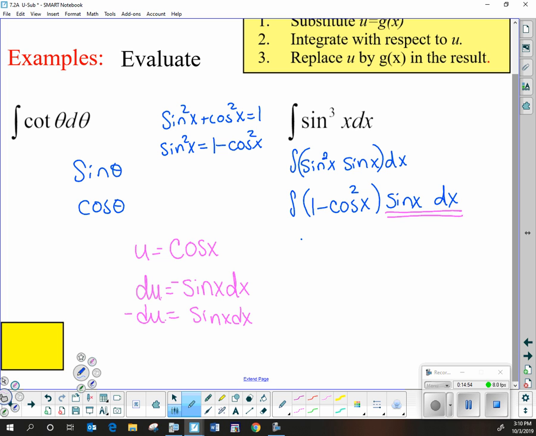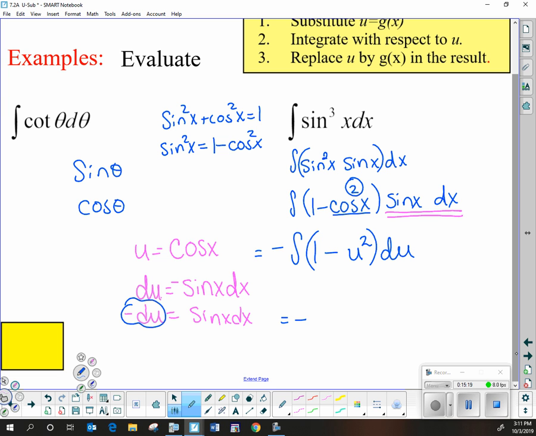Over onto our workspace, let's replace stuff. 1 minus cosine was u, and then it gets squared. So I'll have 1 minus u squared, negative du, because we had negative du for sine x. Like I said, if this seems a little complicated, we will be hitting it again.